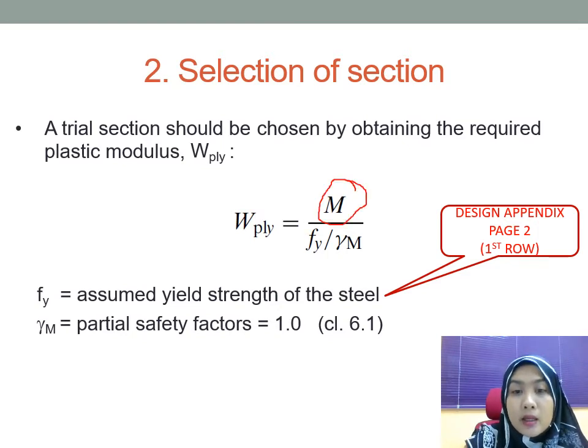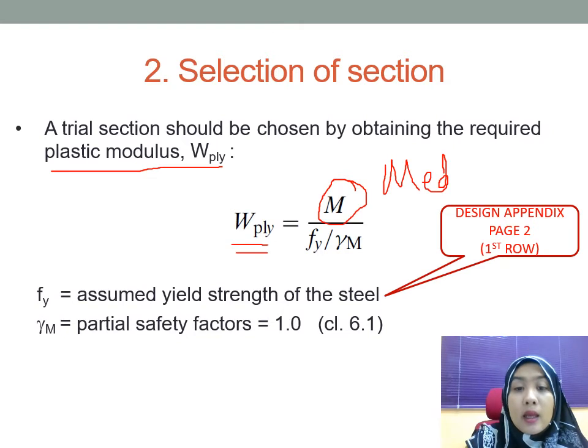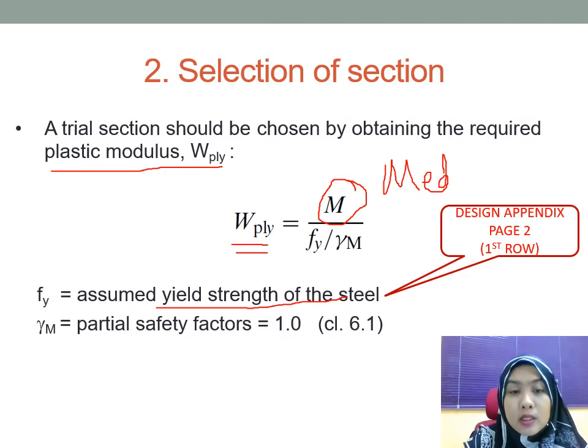M here is the MED value. So based on the MED value, what is the minimum required WPL, which is the plastic modulus of the steel section. And Fy is the yield strength of the steel based on the grade of steel that we are going to use.